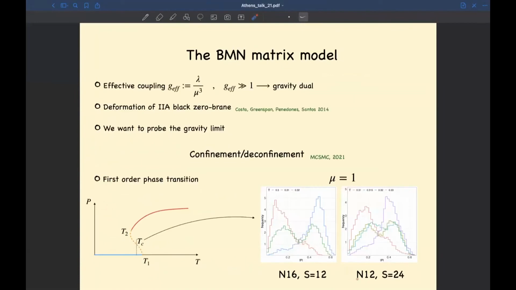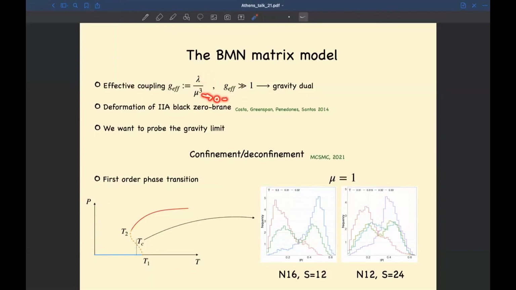So again, the BMN matrix model has an effective coupling if we combine lambda and mu, here we have a mass squared to the cube. And when one wants to study the gravity dual, one should take g effective to be large. So this means either lambda to be large, but in simulations, we are fixing lambda to be 1. So we have to send mu to 0. But again, simulation-wise, this limit is not very attractive.